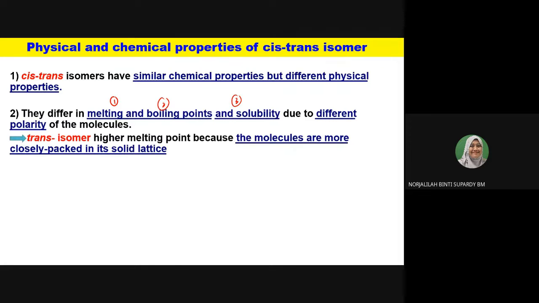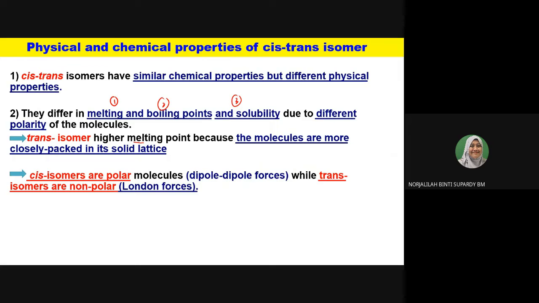We can say that the trans isomers will have a higher melting point because the molecules are more closely packed in the solid lattice. So melting must refer to the structure of a solid.